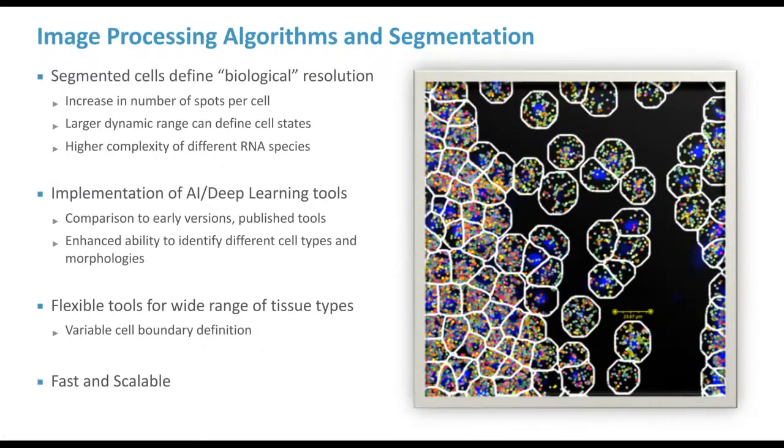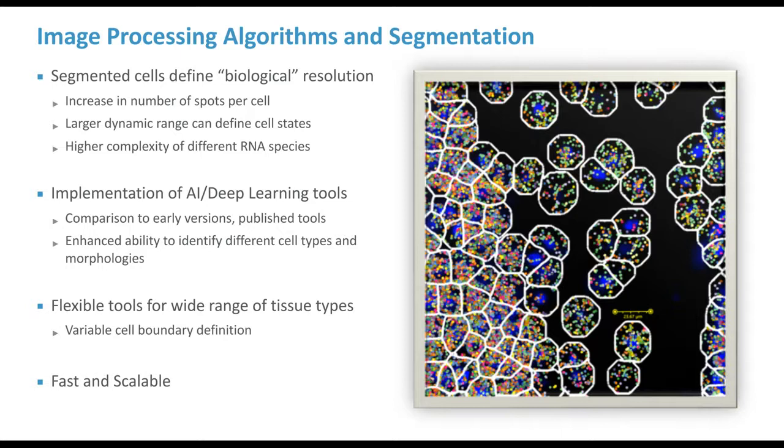On the image processing side, we've leveraged a lot of the expertise for image analysis to develop novel and highly scalable methods for image processing, including segmentation. From the segmentation point, this is one of the most important components, where we're using advanced algorithms to define the edges of the cells and quantify the number of spots in each individual cell.